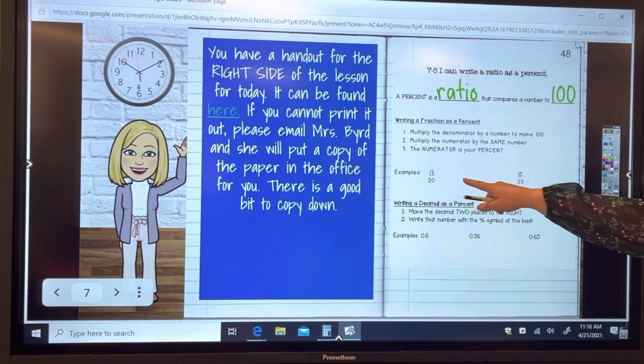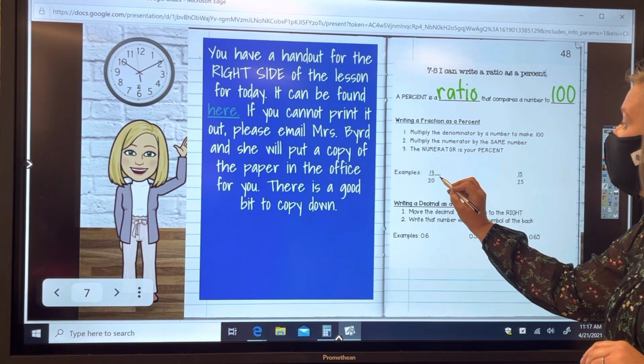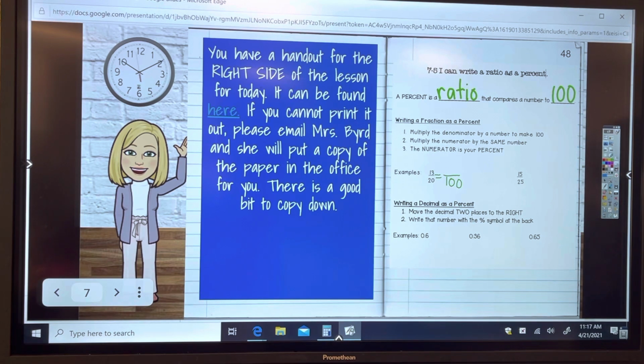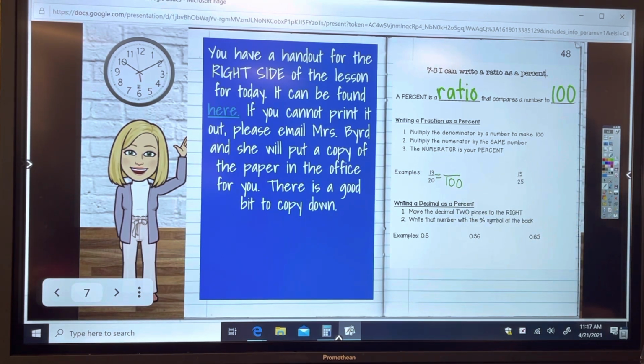So if we want to write a fraction as a percent, what does my denominator need to be? 100. So can I get from 20 to 100? Yes. Multiply by 5. Have we done something like this? We have. Similar. So what do I multiply? 20 times what gives me 100? 5.